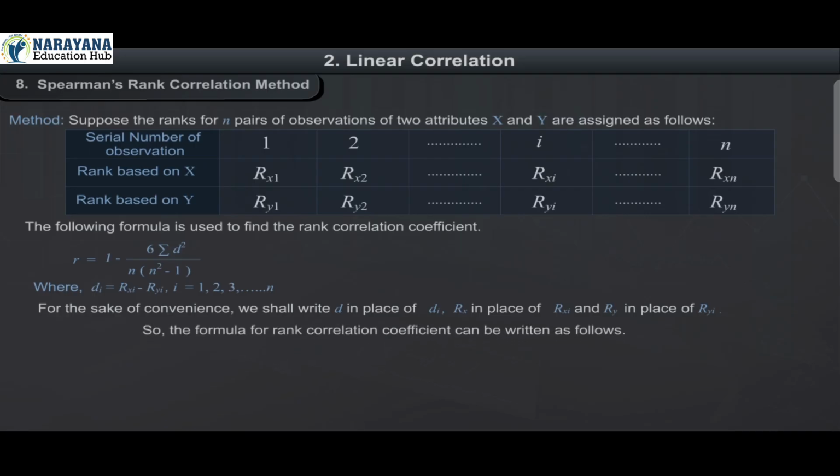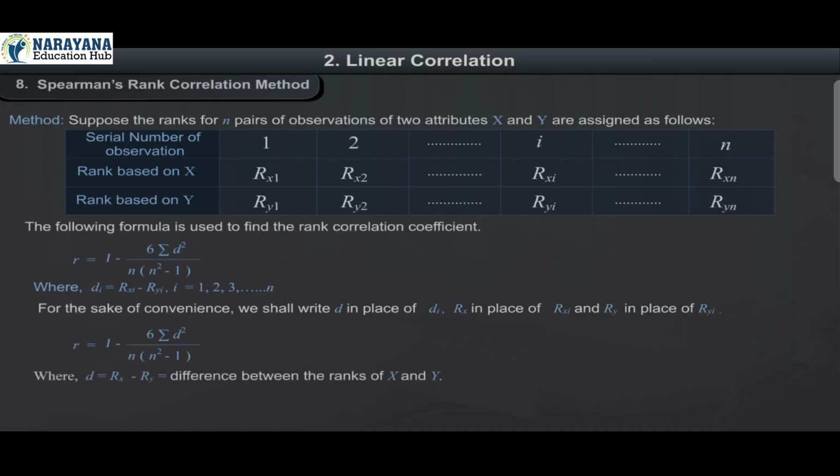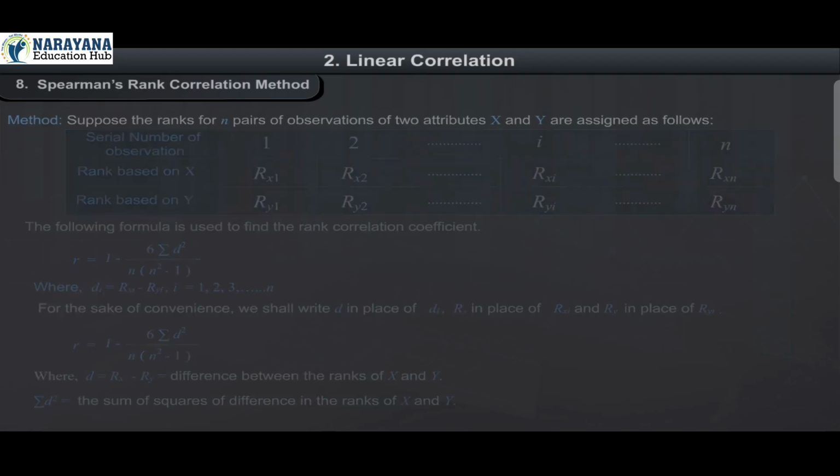So the formula for rank correlation coefficient can be written as follows. R is equal to 1 minus 6 sigma d square divided by n into n square minus 1, where d is equal to rx minus ry, the difference between the ranks of x and y. Sigma d square is equal to the sum of squares of differences in the ranks of x and y.